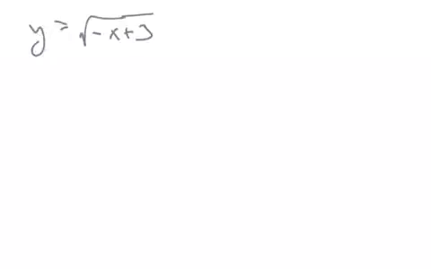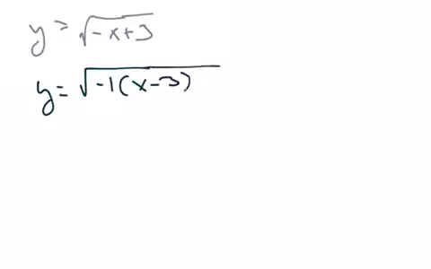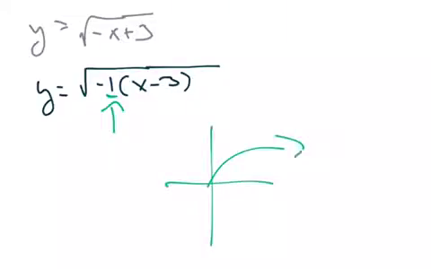But to fit into the proper notation, we should really be writing it as negative 1 times x minus 3. This negative 1 here indicates the direction change from going like so to now going like so. Notice the minus 3.